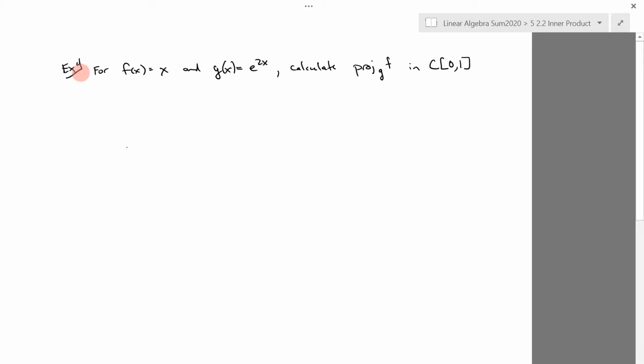Okay, in this last example, we're going back to the vector space of continuous functions on the interval 0, 1. We're asked to calculate the projection of f onto g for the two functions f of x and g of x that we looked at in the previous example.